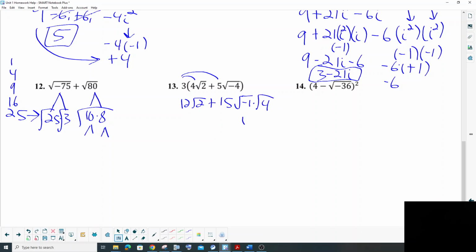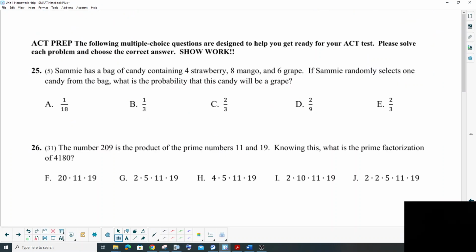So that just becomes an i, and then the square root of 4 becomes a 2. So that's going to be a plus 30i. Then we still have our 12 radical 2, and that'll just be our answer because you cannot combine those anymore. So we'll jump to 15 now.